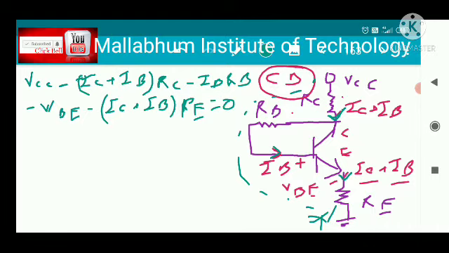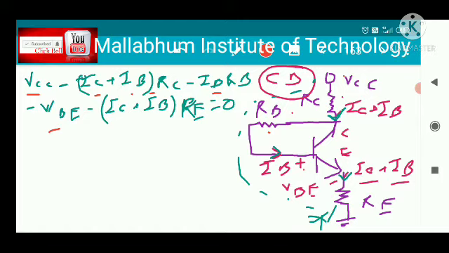So just look into the equation once again. This is your VCC, this is (IC plus IB) into RC, this is IB RB, the voltage drop across here, this is VBE, and this is (IC plus IB) into RE, so this will be equal to 0.